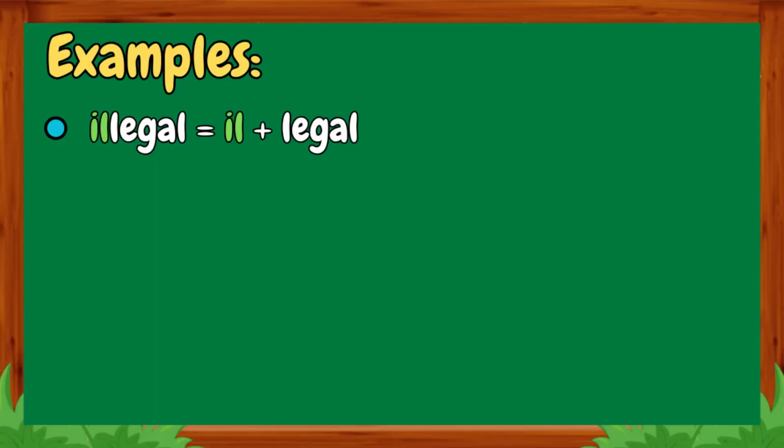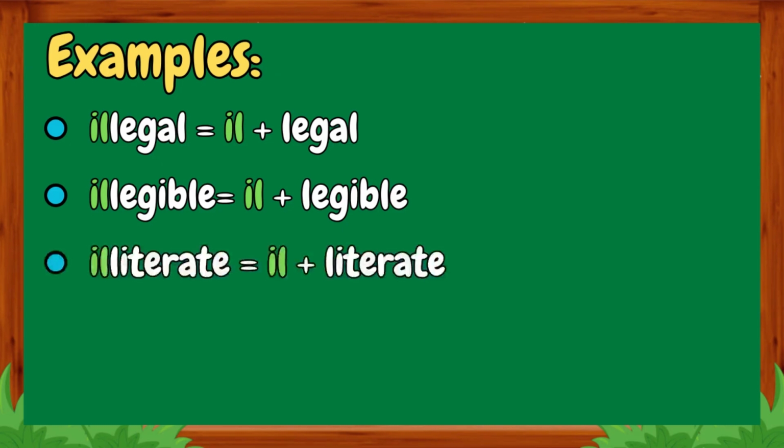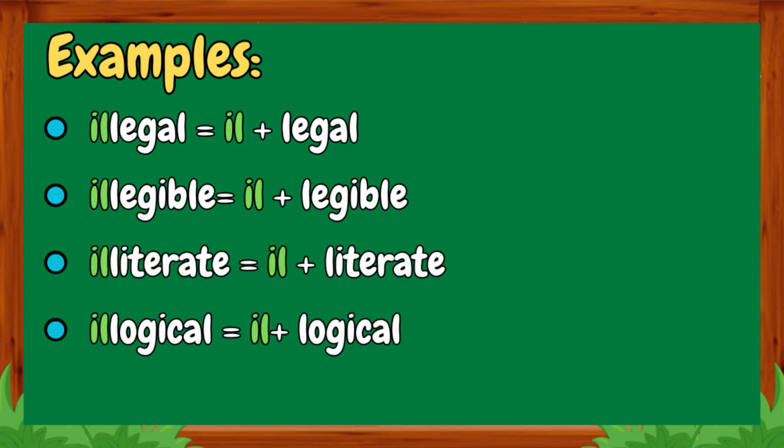Let's go look at some examples and listen to the pronunciation. It's very important. Illegal, illegible, illiterate, illogical. So many students see that double L and they say ill, but it's "il"-legal, "il"-literate, "il"-logical. So remember that.